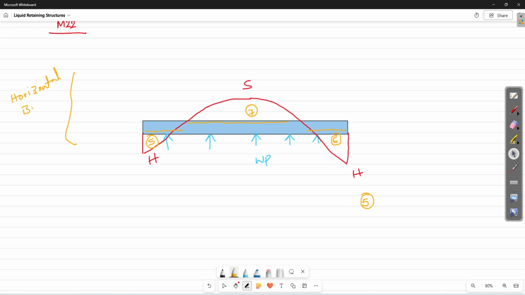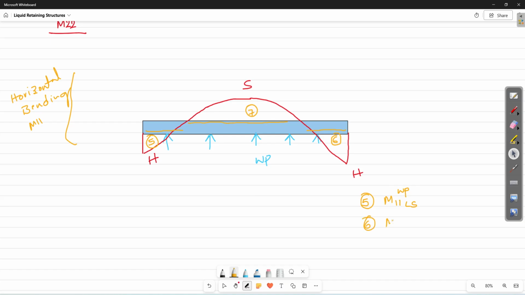Horizontal bending, which means M11 bending. So reinforcement 5, it will be M11, which will be for water pressure and which is at left support, and reinforcement 6.